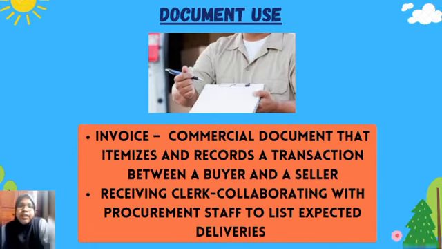Second, the receiving clerk. The receiving clerk collaborates with procurement staff to list expected deliveries. General items to identify the form used in food and beverage operations to record data from the invoice for goods received.